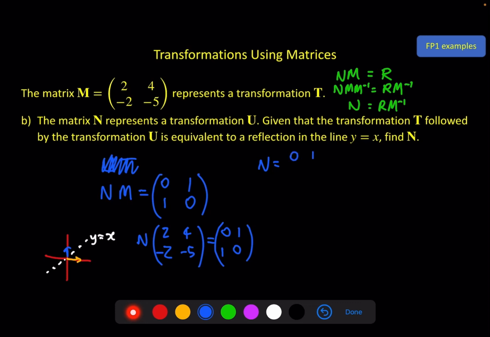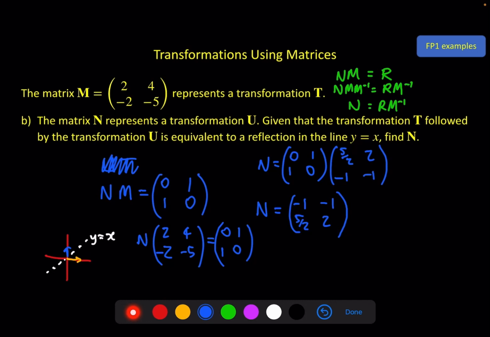So R is 0, 1, 1, 0 times by 5 over 2, 2, minus 1, minus 1, which is minus 1, minus 1, 5 over 2, 2. And that must be the matrix N.